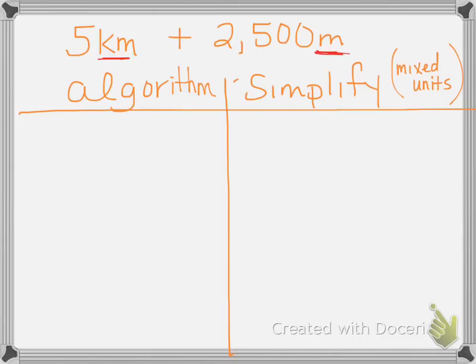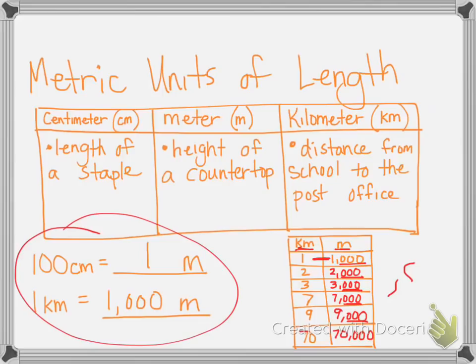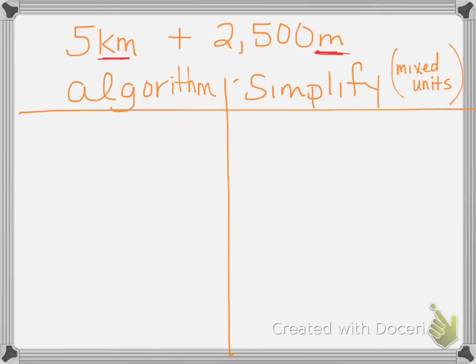Okay, so the first thing that I would like to do is to go ahead and change these to be the same unit. Now, I just learned that there are 1,000 meters in 1 kilometer. So if there's 5 kilometers, that's going to be the same as 5,000 meters.